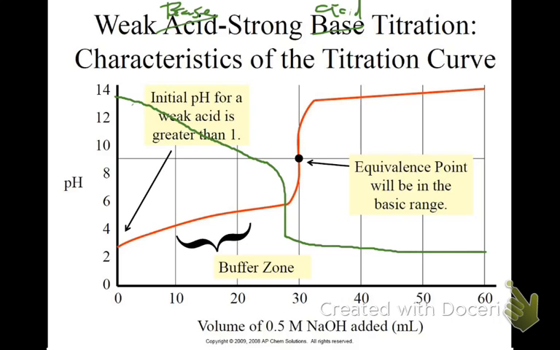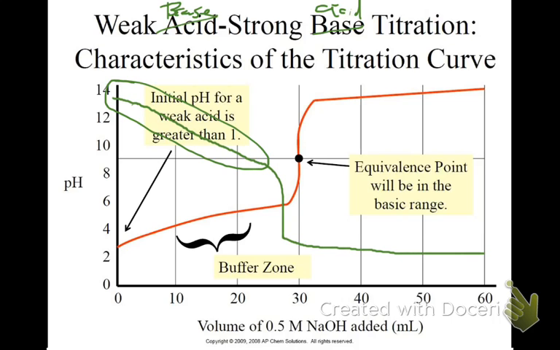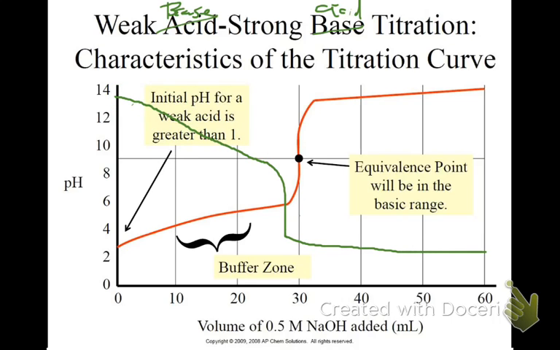So the difference is our buffer zone would be up here in the basic range. Our equivalence point would happen down here in the acid range.